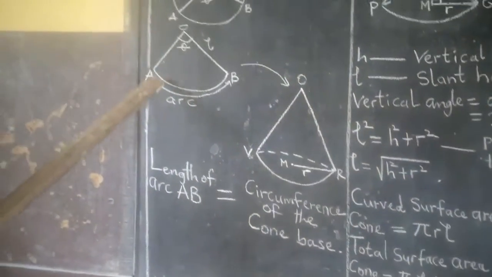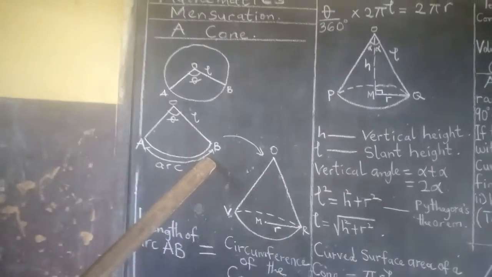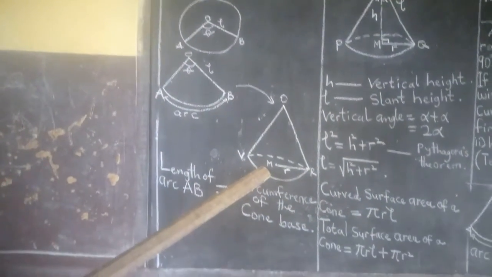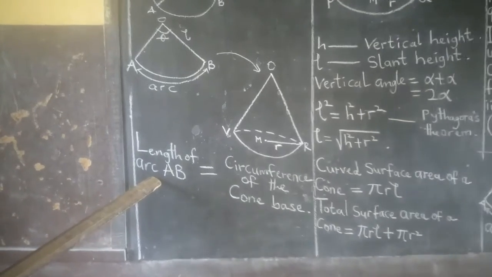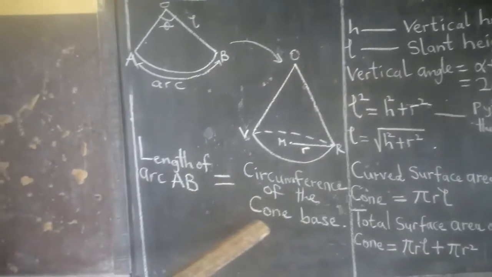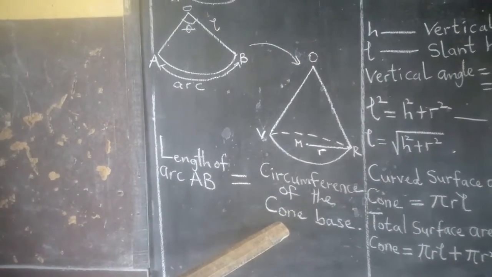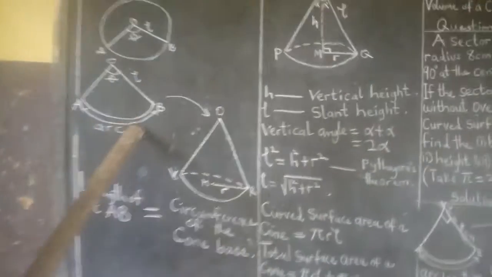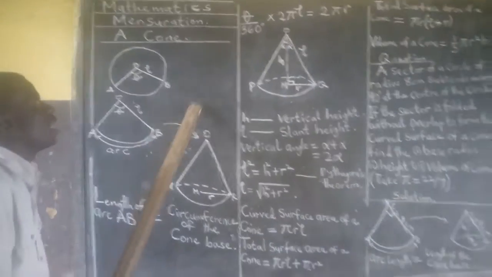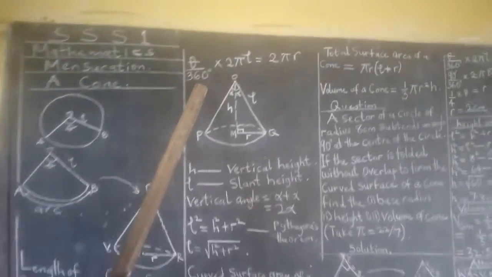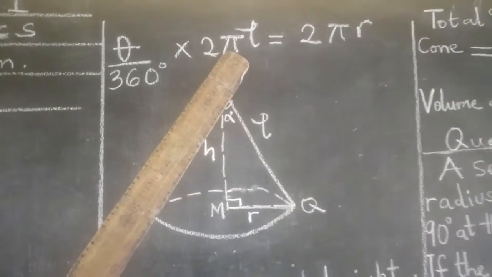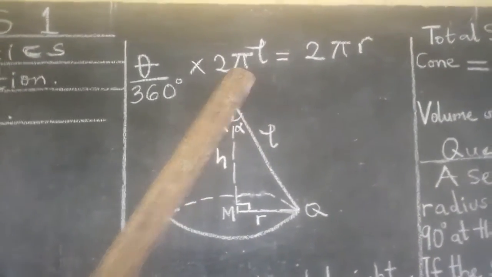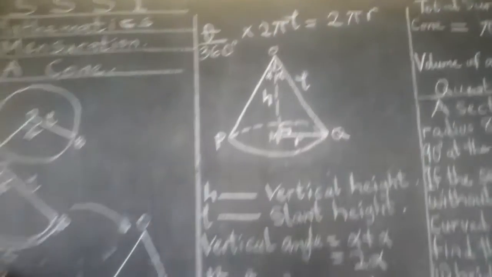From this, we have this. When this folds, it gives this. So this is an important result. Length of arc AB is equal to circumference of the cone base. In other words, the length of arc is theta over 360 degrees times 2 pi L, L being the radius, as we can see.